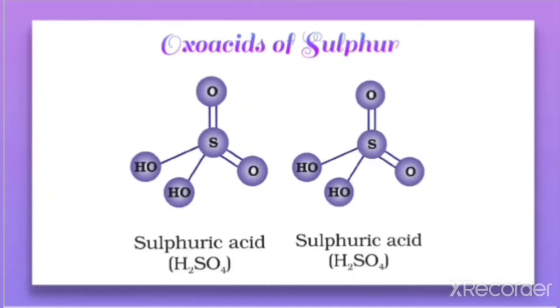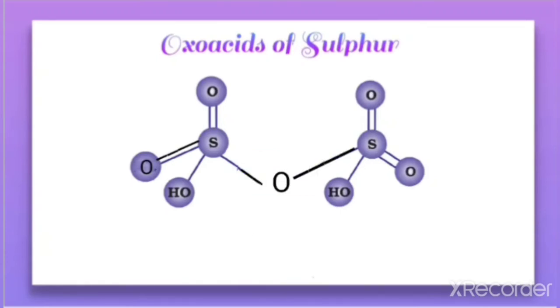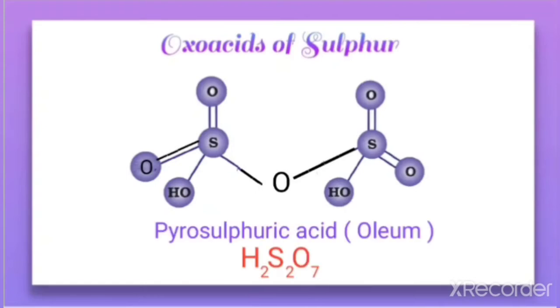Make one more structure of sulfuric acid closer to this and rearrange the bonds so that the two OH come closer in the center. Now remove water: H from here and OH from here are removed. What is remaining after the removal of water? O is remaining. Now this structure is pyrosulfuric acid, commonly called oleum.